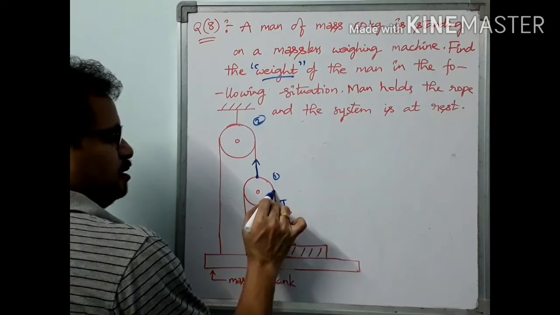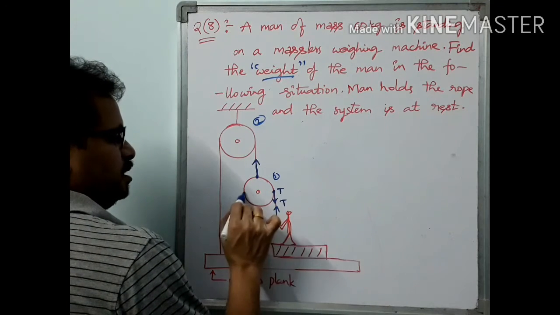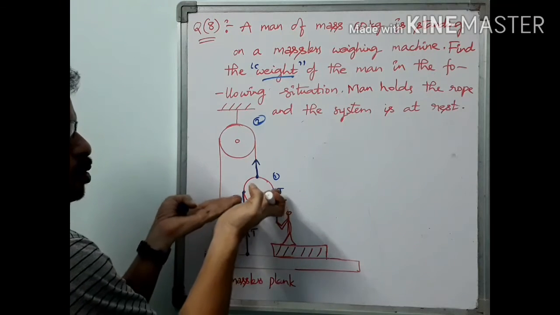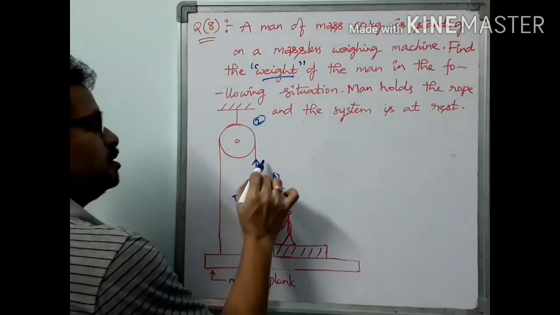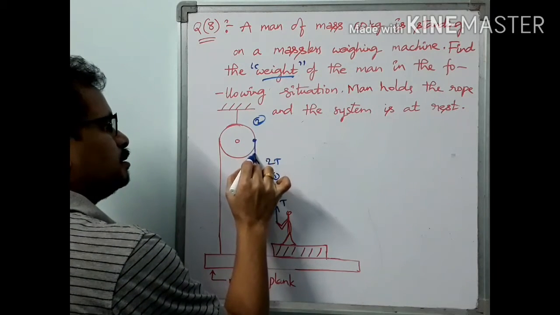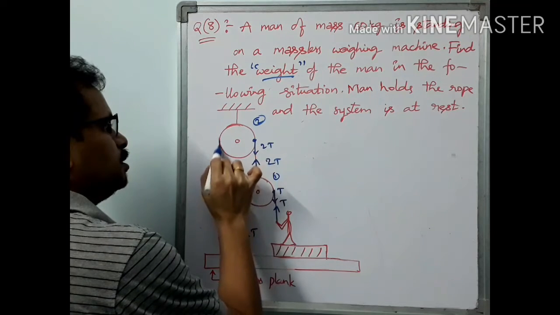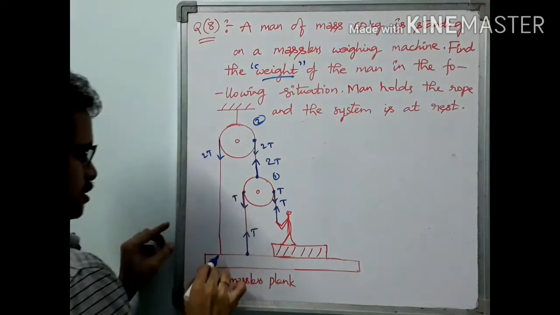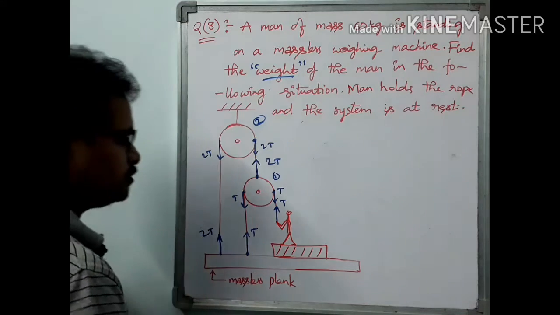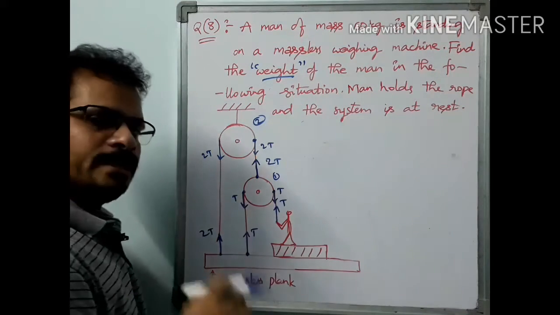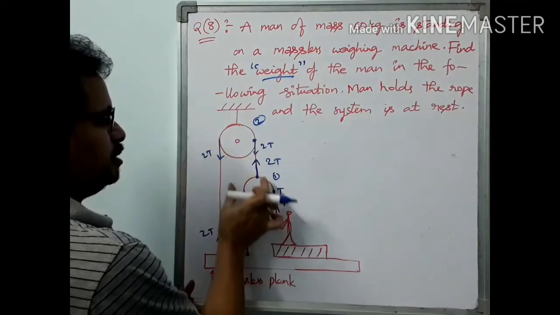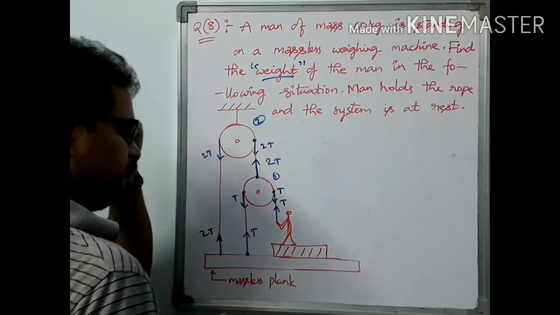Because here the tension will be T, here the tension will be T. So this 2T tension force is pulling the pulley downwards. So here it is 2T. Got it? So in the first rope system we have chosen tension as T, and in the second rope system it will be 2T.